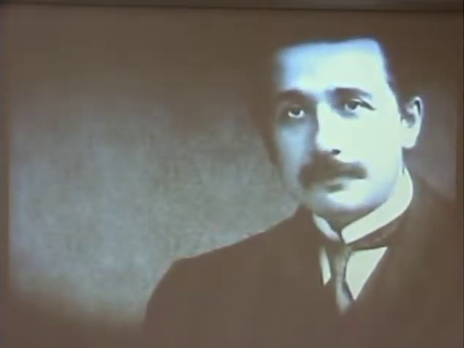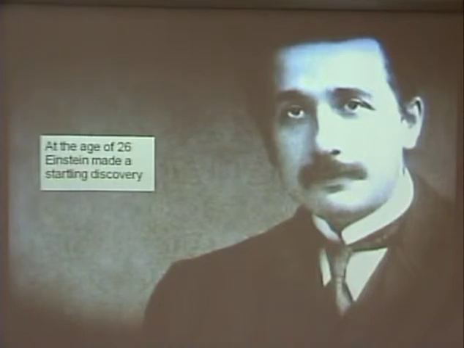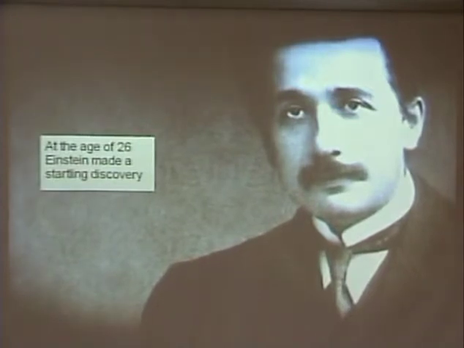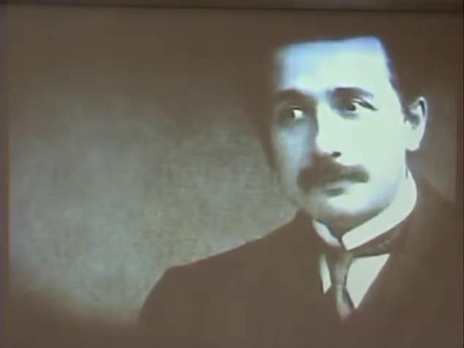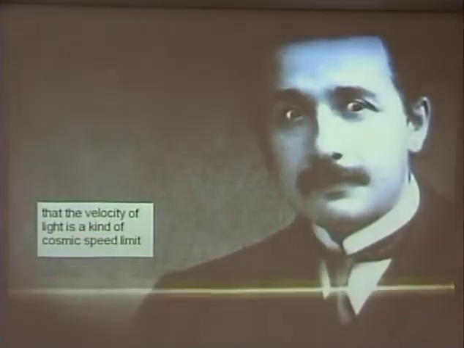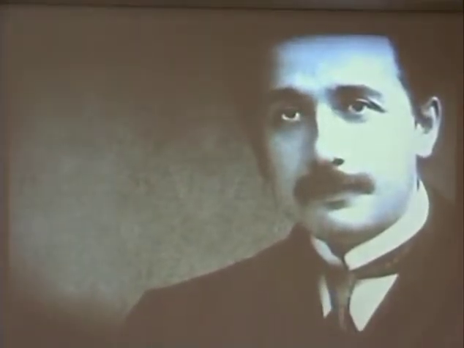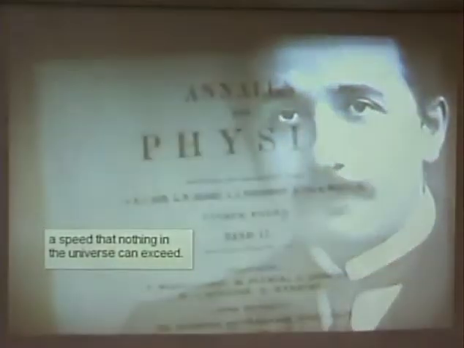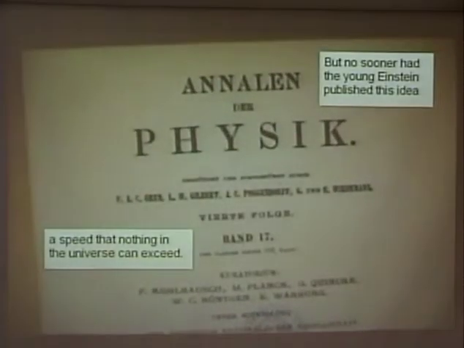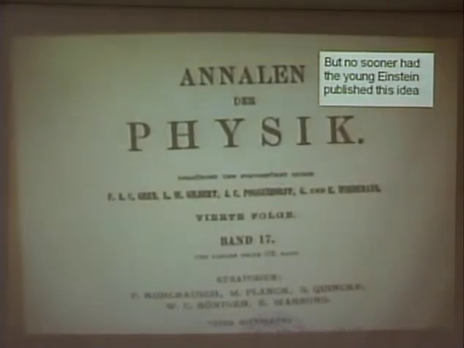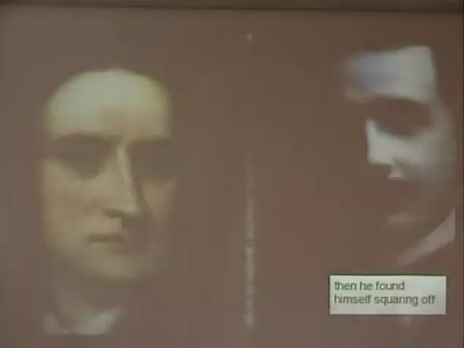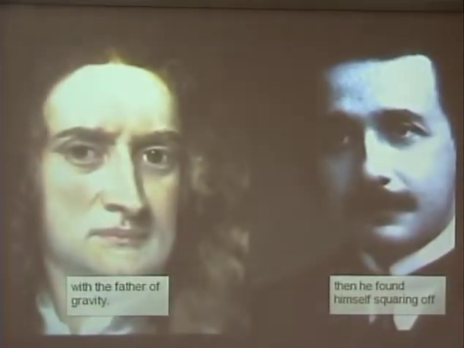At the age of 26, Einstein made a startling discovery that the velocity of light is a kind of cosmic speed limit, a speed that nothing in the universe can exceed. But no sooner had the young Einstein published this idea than he found himself squaring off with the father of gravity.